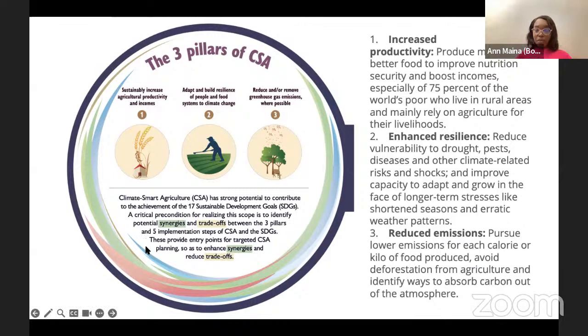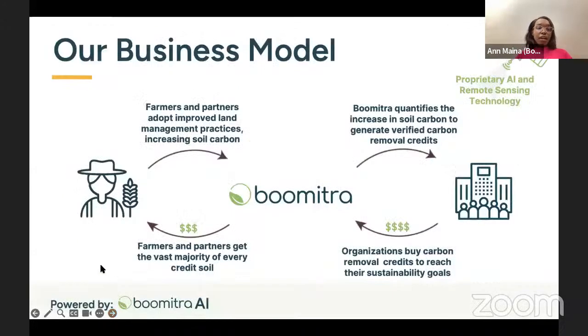That is a whole technical matter that I will not get into. So we've already promoted those practices. Our farmers are now adapting those practices. They have increased their soil organic carbon, but how initially did we get to even promoting those practices?